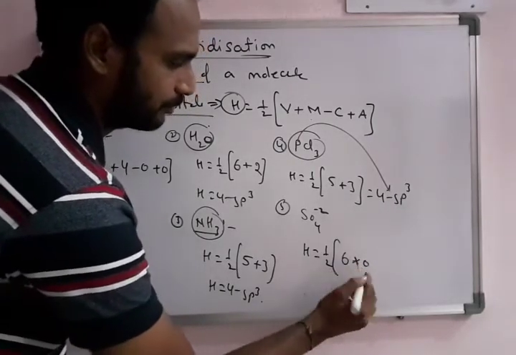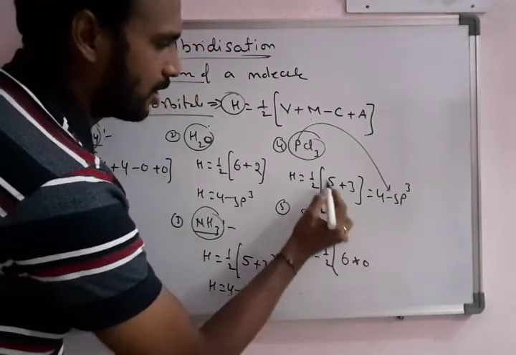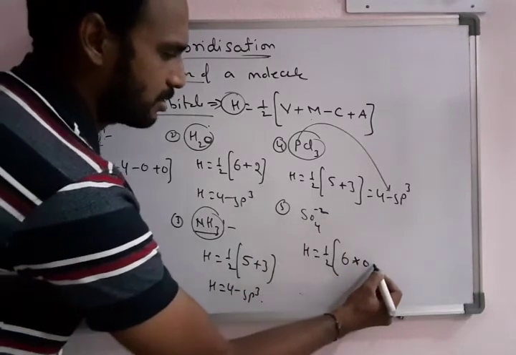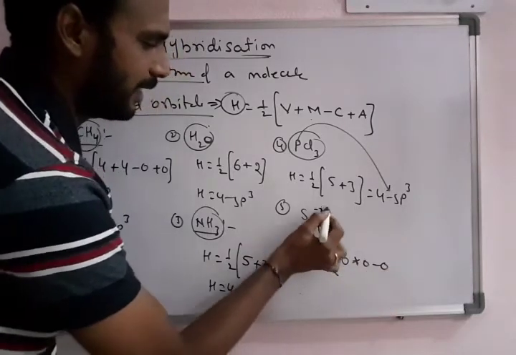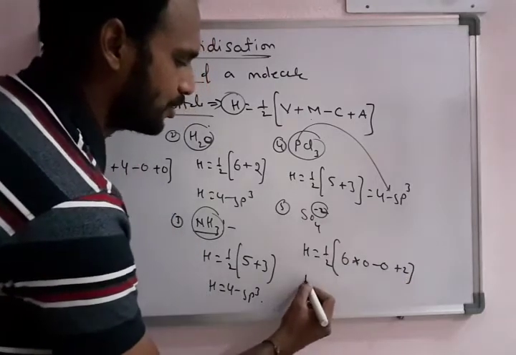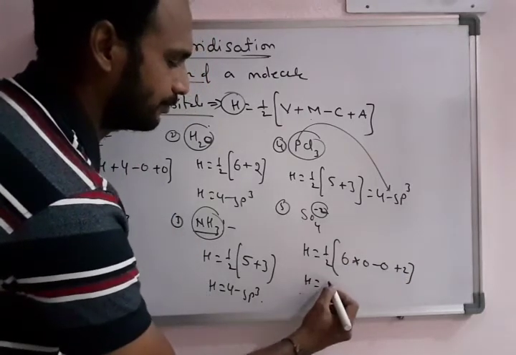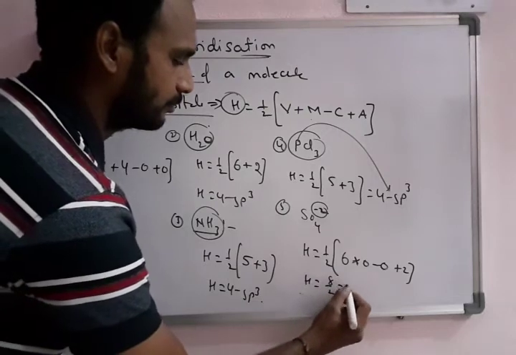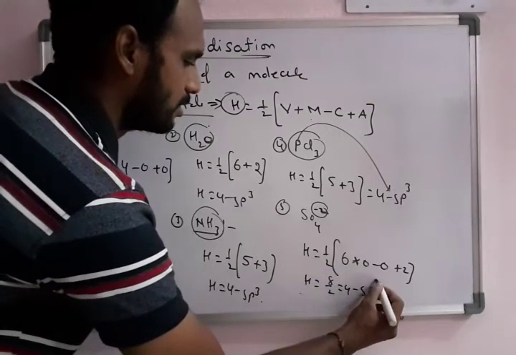Plus 0. Next, what is the cationic charge? There are no positive charges present. How many negative units are present? 2 units are present. So finally we get 4, that is sp3.